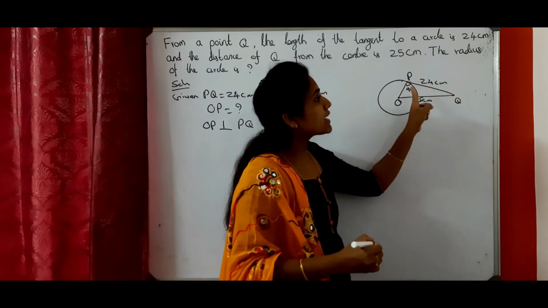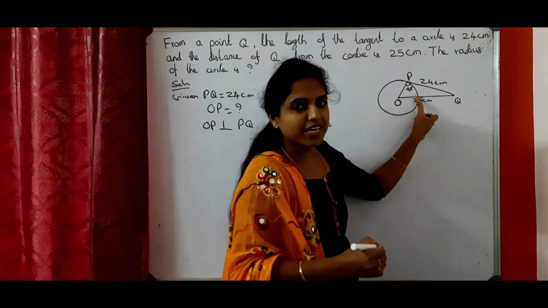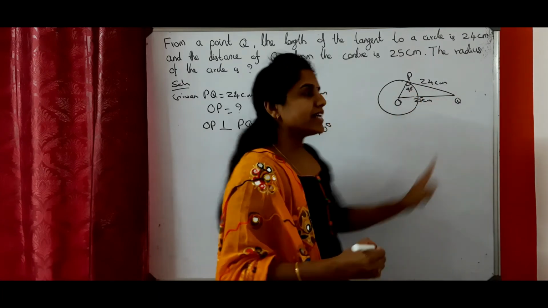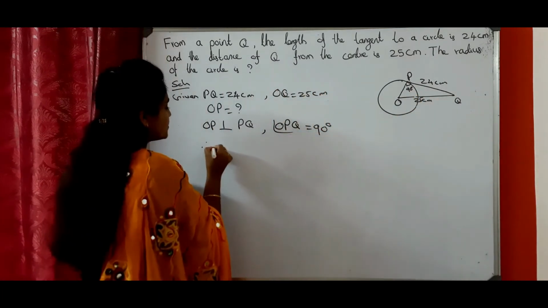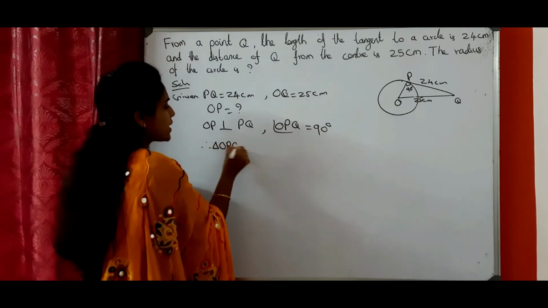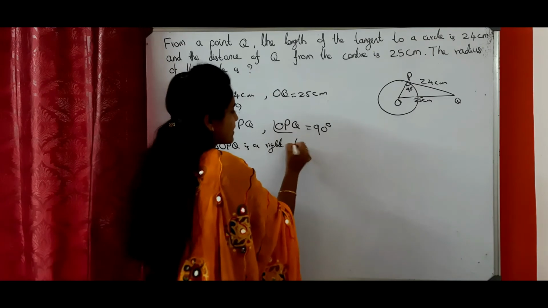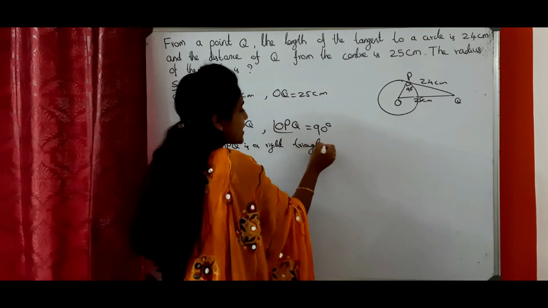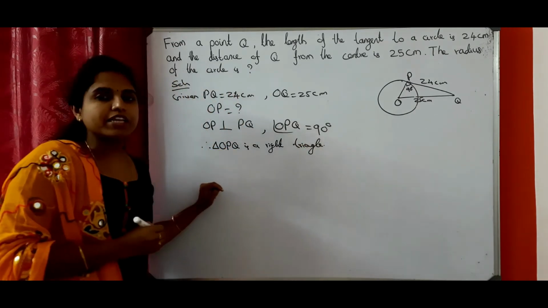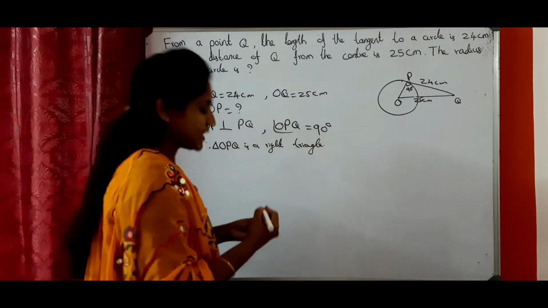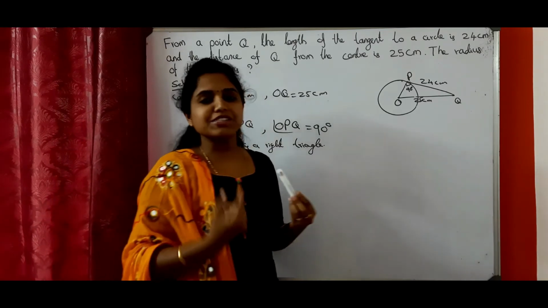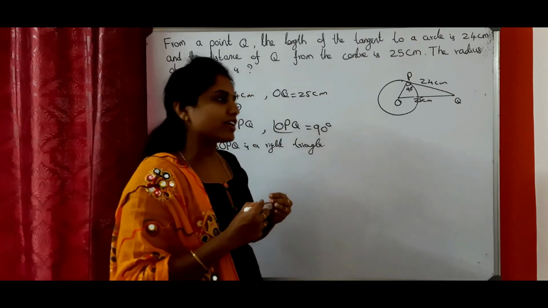Here one of the angles is 90 degrees. Therefore, we can say this triangle is a right triangle. Therefore, triangle OPQ is a right-angled triangle. Right-angled triangle means now we can apply the Pythagoras theorem. What is the Pythagoras theorem? Hypotenuse squared equals the sum of the squares of the other two sides.